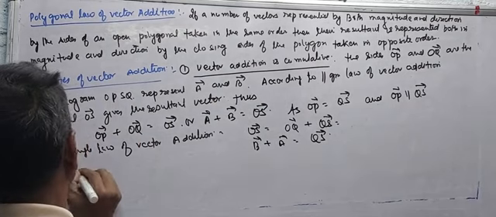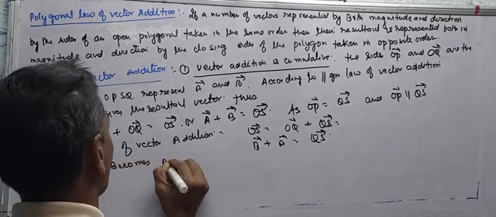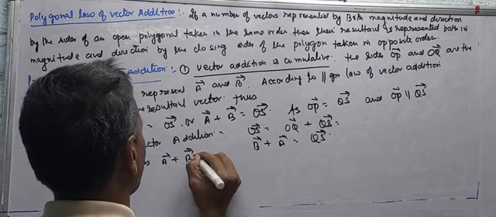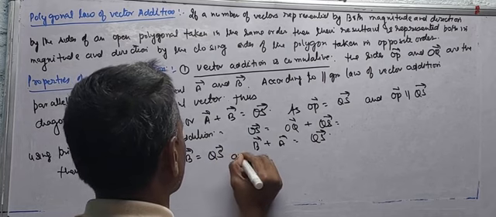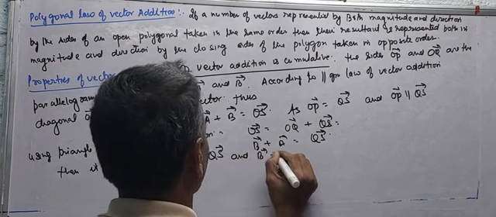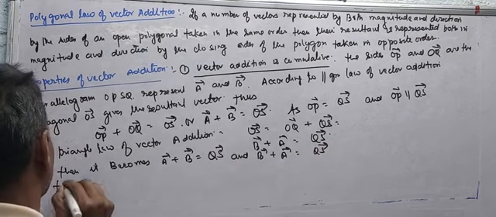Then it becomes A vector plus B vector equal to OS vector and B vector plus A vector equal to OS vector.